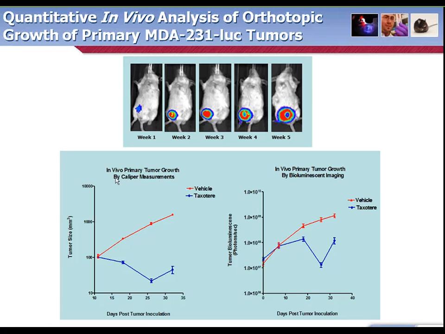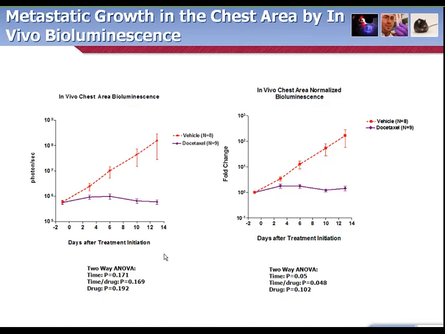We're comparing on the left side and the right side of the slide the data from caliper measurements, which we can do for breast cancer, and the data from the bioluminescent imaging. You can see that you get a similar pattern, basically.